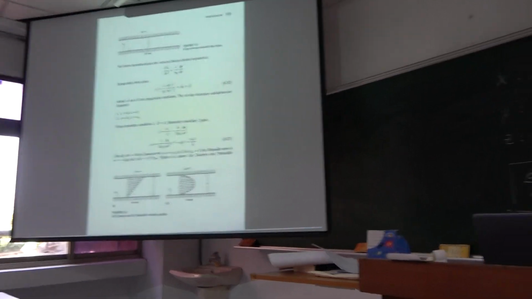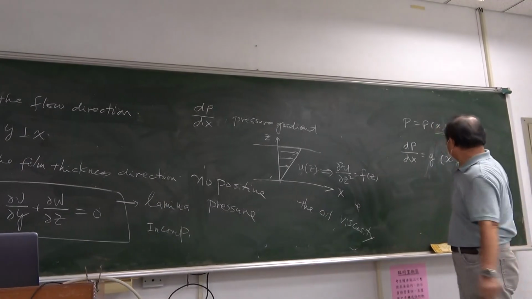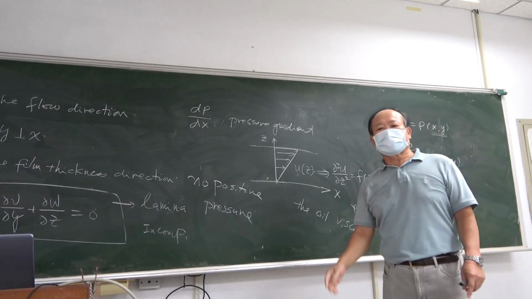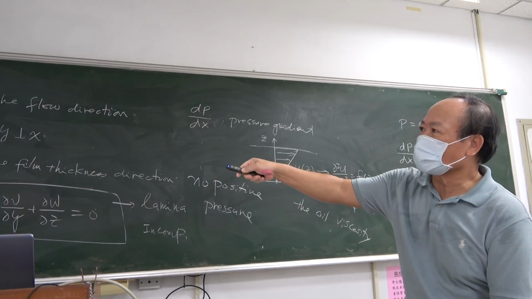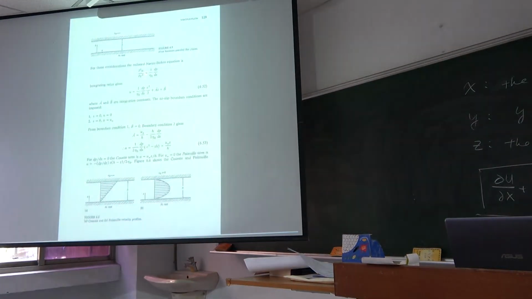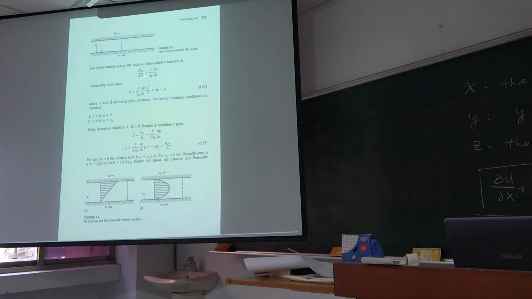They are equal together, so the only way is that these two terms must be a constant value. Then we integrate with respect to z for the left-hand side.